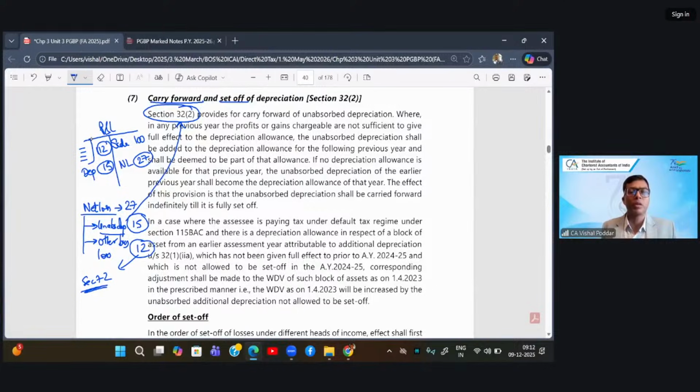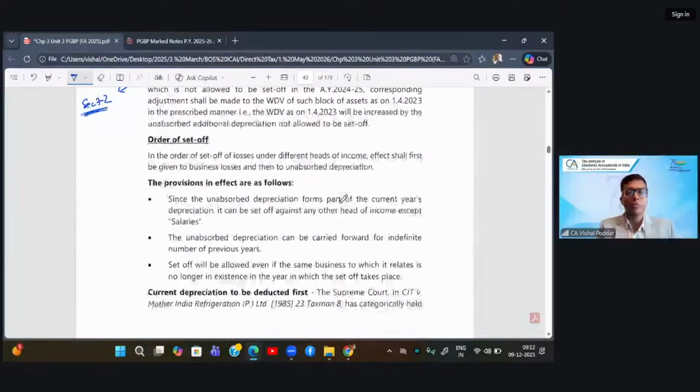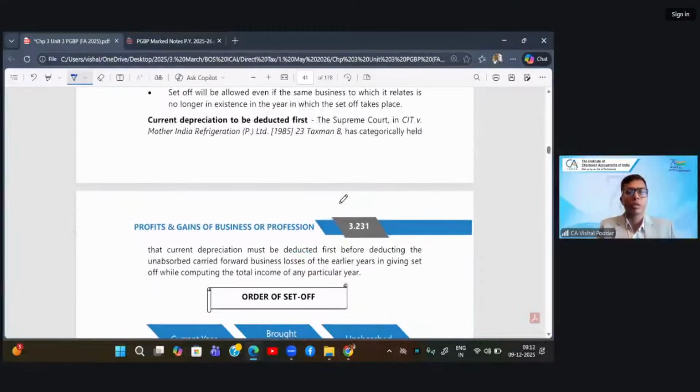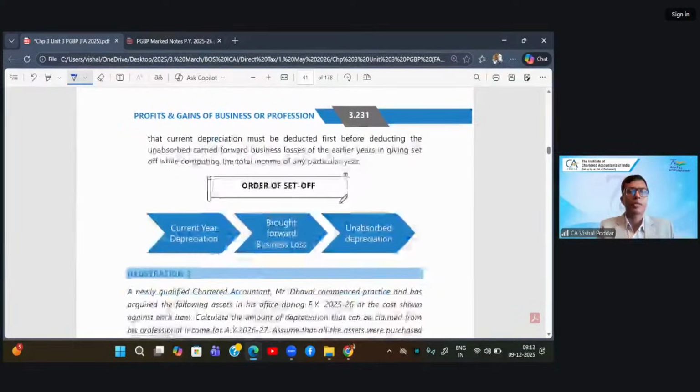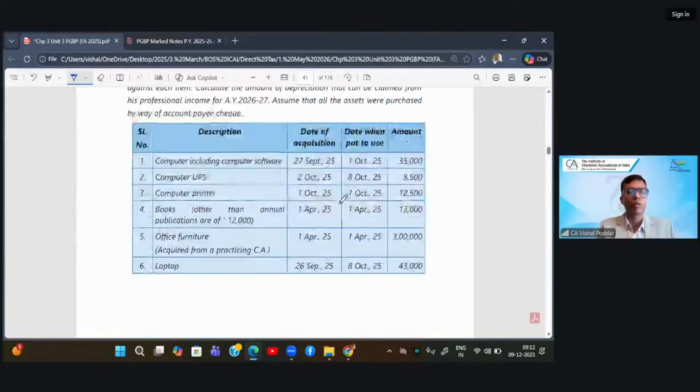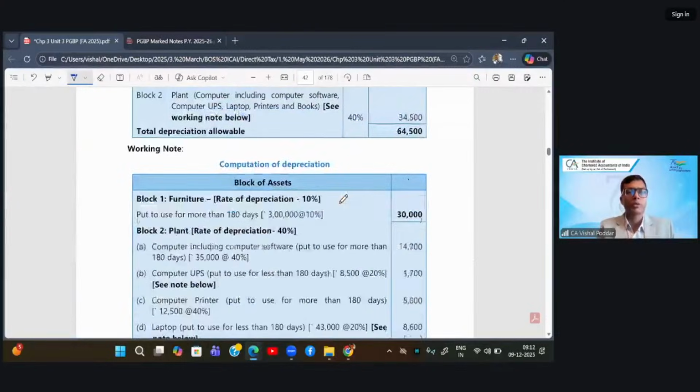So there are different provisions for carry forward and set off of different losses. So this is what is important. All these points relating to set off, I'm not explaining now because this will be part of your carry forward and set off chapter.